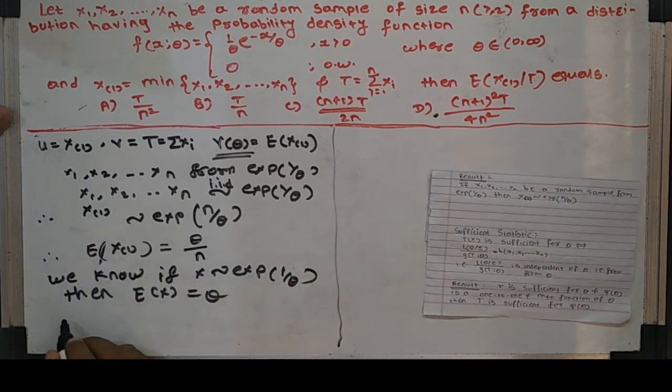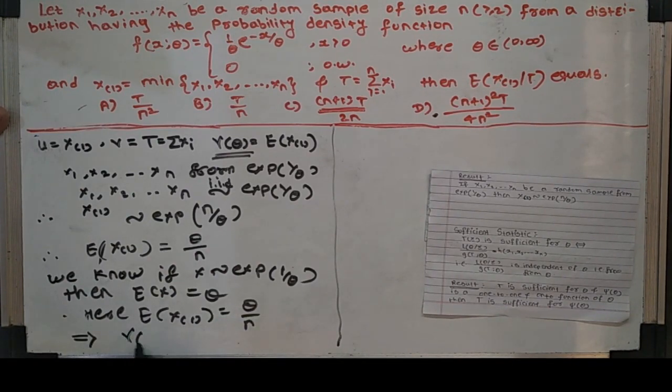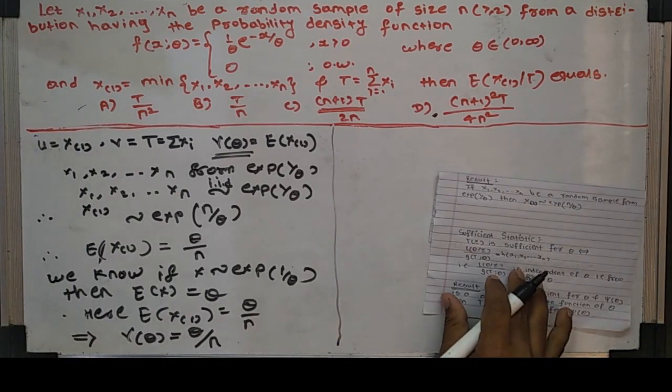Use this result. Here the expectation of X(1) is equal to theta by n. This implies that gamma of theta is equal to theta by n.